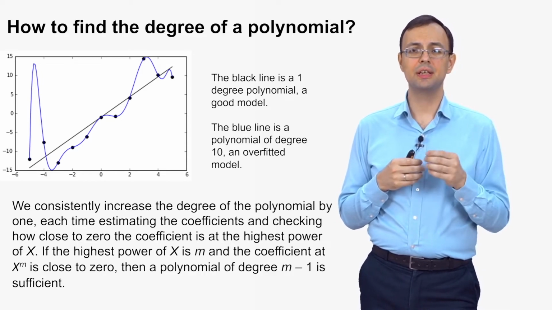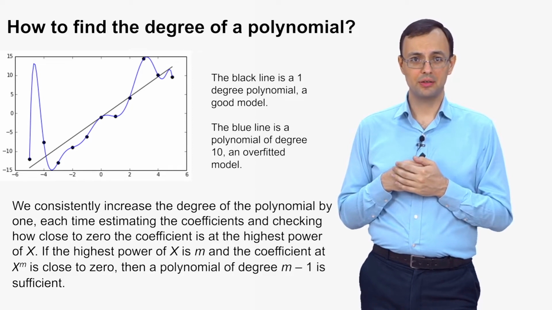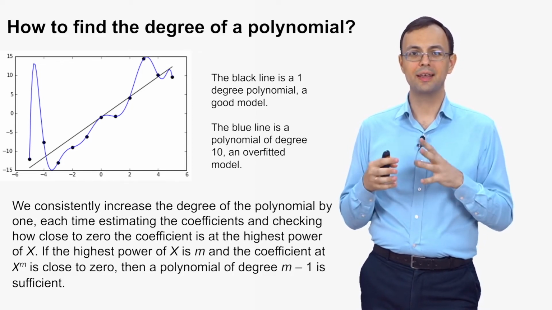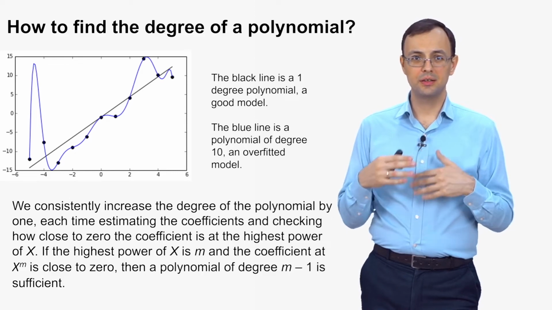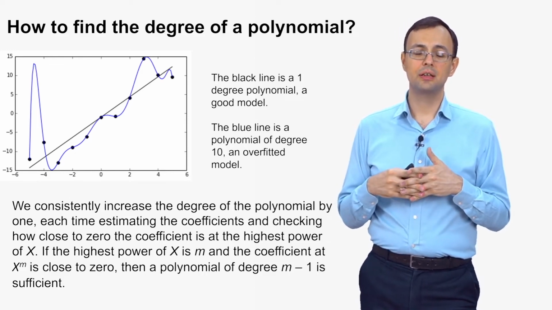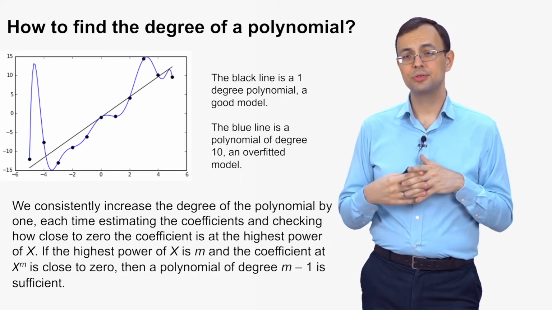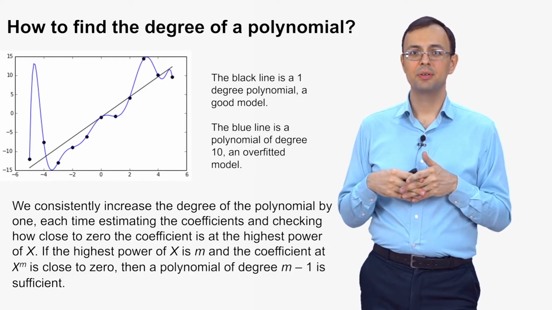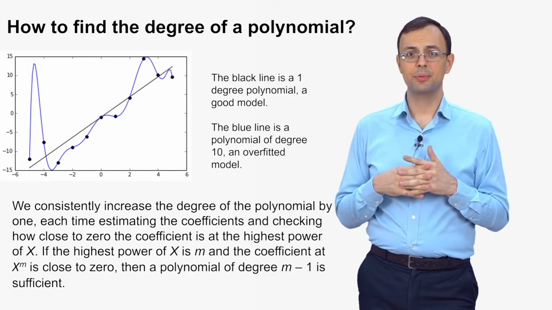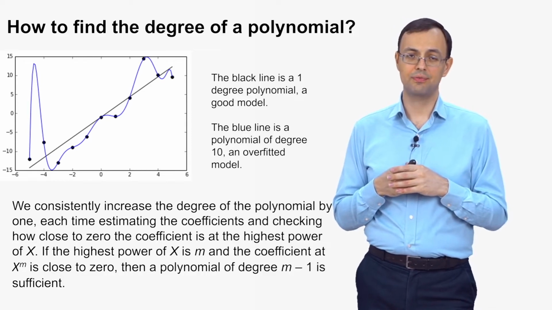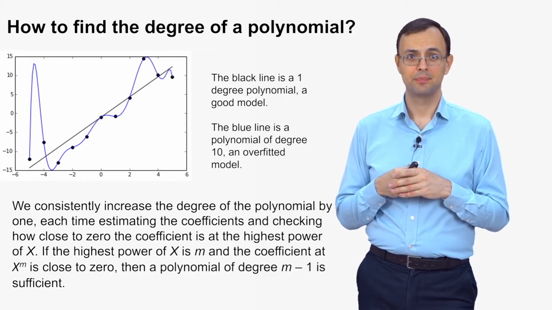So the degree of a polynomial in the models that we use in practice to predict y is usually 1 or 2 or 3 or 4, sometimes 5, but models with a polynomial of degree higher than 5 are very rare.